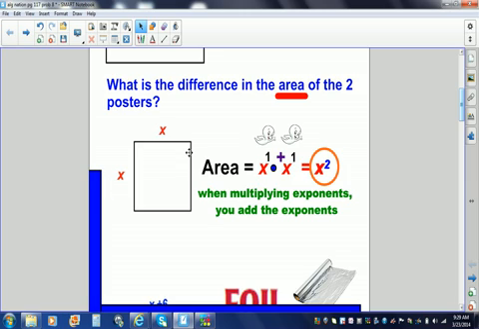Remember, area is length times width, so I'm going to do x times x. Remember that when you're multiplying exponents, you're really adding the exponents. And there's an invisible 1 for an exponent, like Casper, our friendly ghost. So when I do x times x, I get x squared because 1 plus 1 is 2.